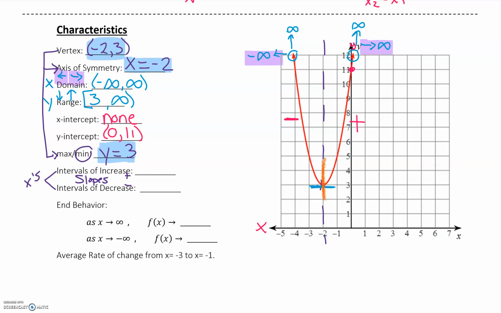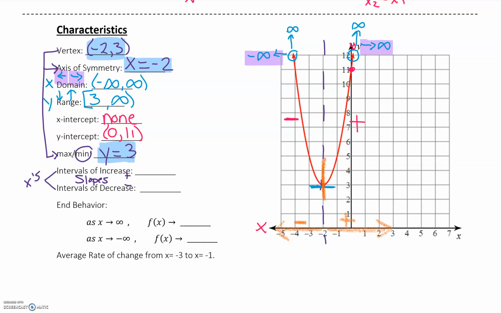So that means everything to the left of the axis of symmetry and of our vertex is going to be decreasing slope. So that means everything from this axis of symmetry at -2 and left is decreasing slope. But everything to the right side of that axis of symmetry is a positive slope.